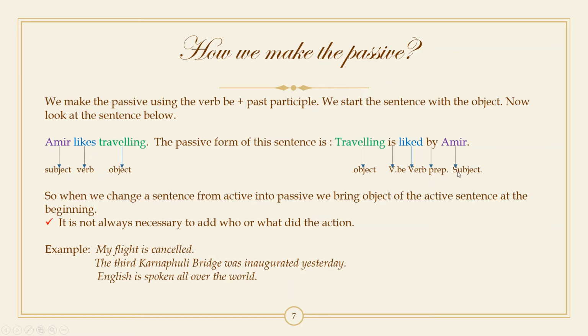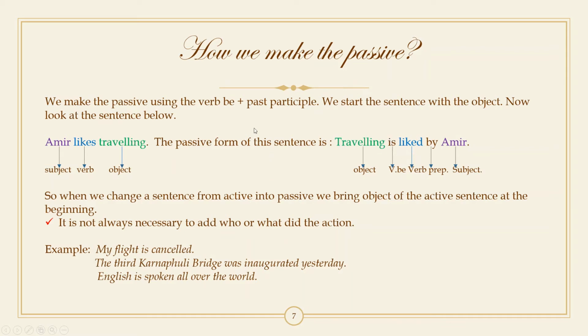And the passive form of this sentence: traveling is the subject of the passive voice, which is the object of active voice. And the verb be is used, since traveling is third person singular. That's why you use is.